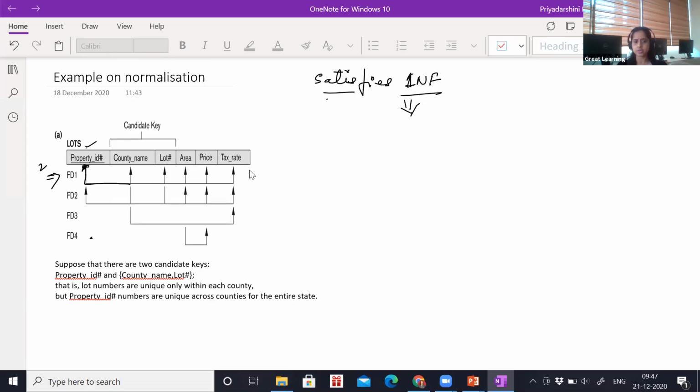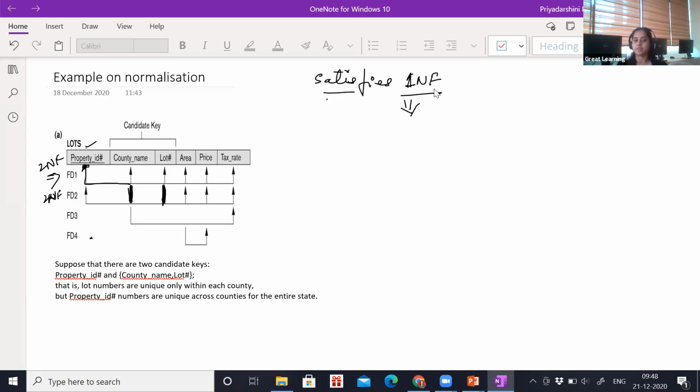So that's why it is in 2NF. FD2. When it comes to FD2, all the remaining right side attributes are fully dependent on the candidate key. Both attributes of the candidate key are connected. When both attributes of the candidate key are connected, it is in 2NF.